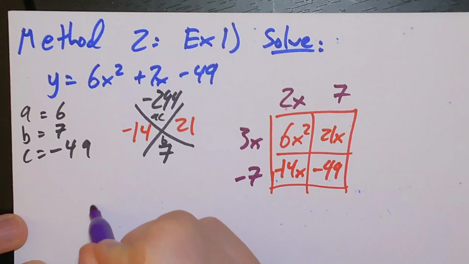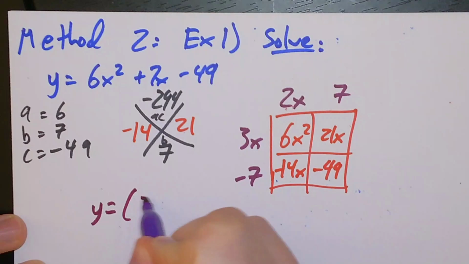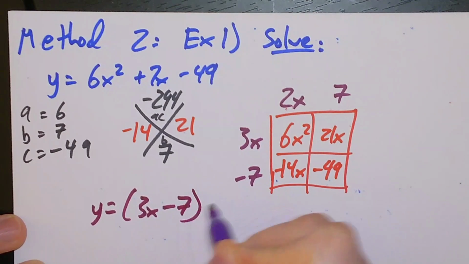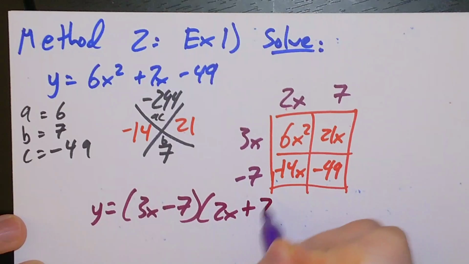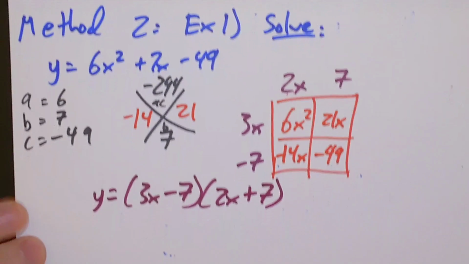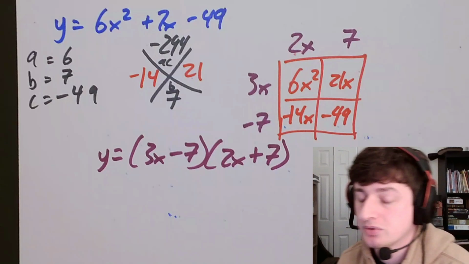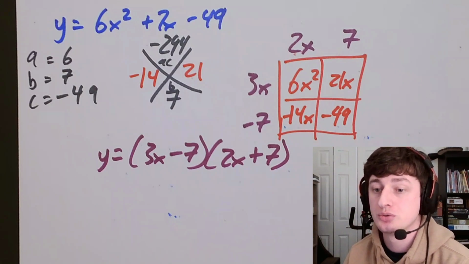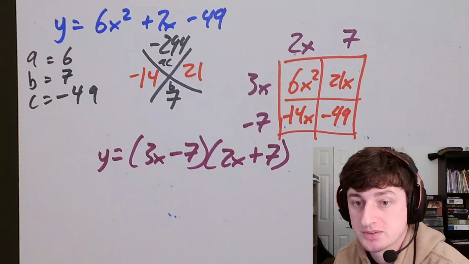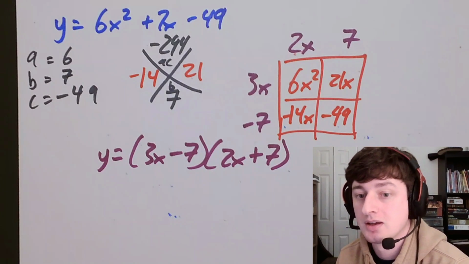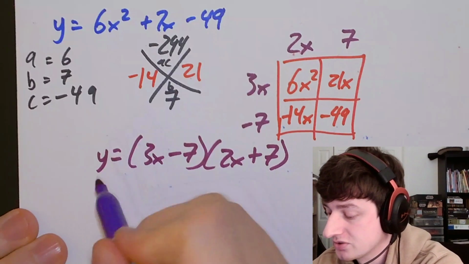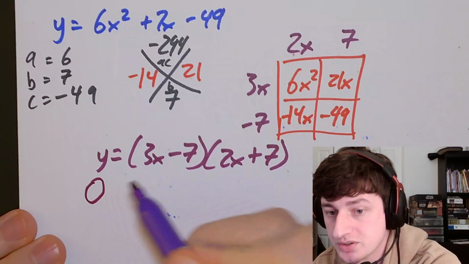So y equals 3x minus 7 times 2x plus 7. The reason I'm doing this example is because our solutions are going to be fractions, and I want you to see that and get used to it, because what we're going to say is, all right, our first step is just turn y into 0.